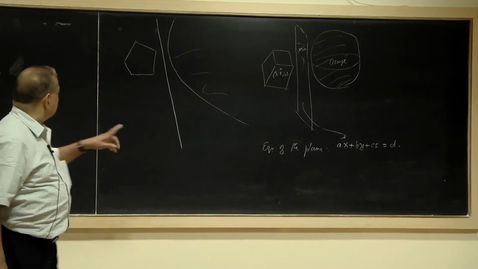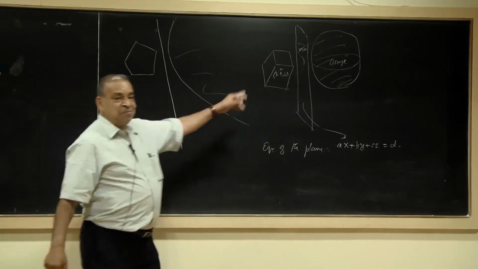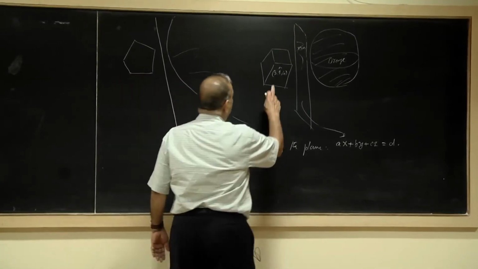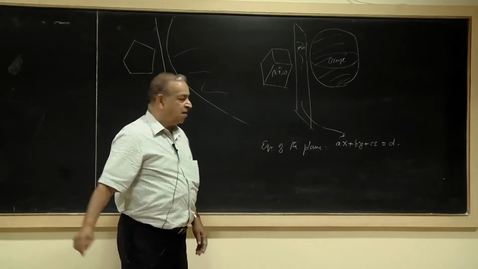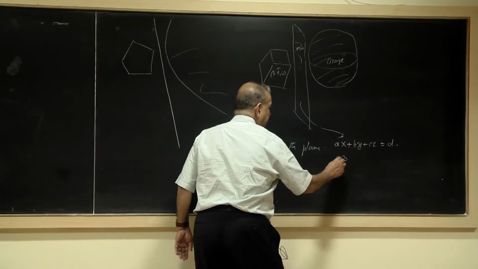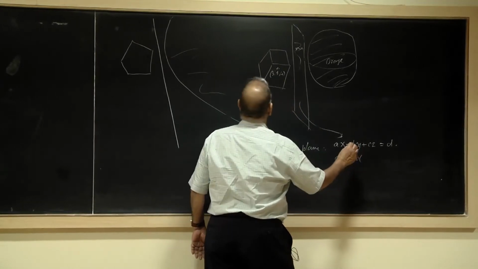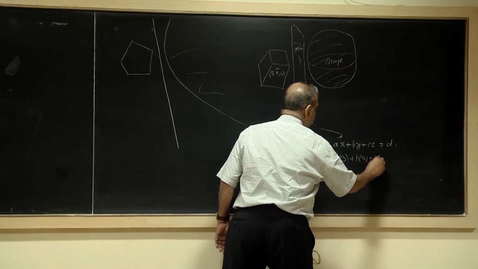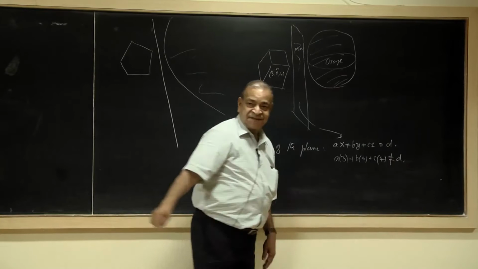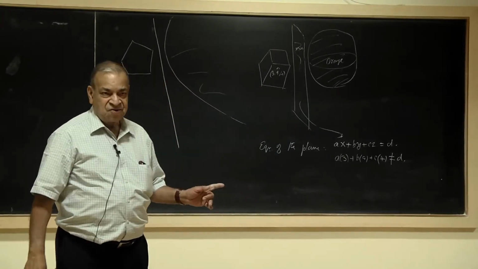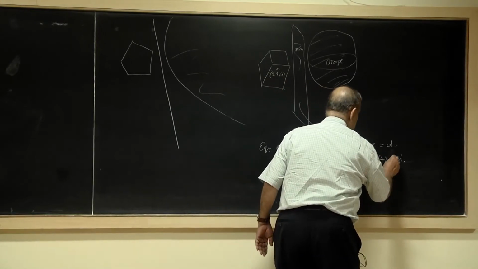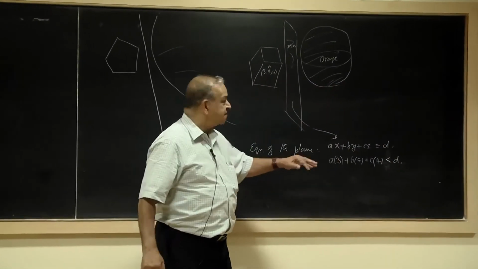So what is the thing which this theorem says in my language? I can say this is not on this plane, which is equivalent to saying if I put x equals 3, a times 3 plus b times 9 plus c times 4, it will not be equal to d. That's all it says. Suppose you compute and found that it is less than d.